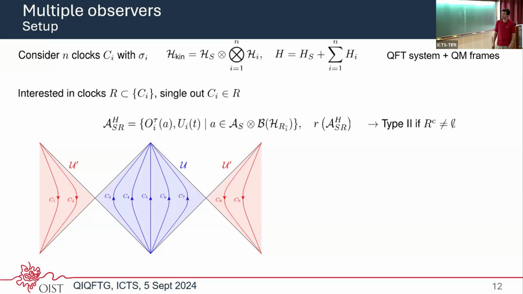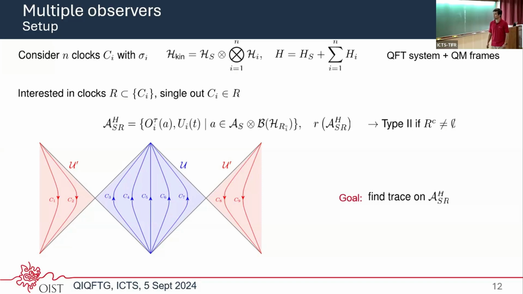So we can construct this gauge invariant algebra again, with our relational observables with respect to clock C_i, and then the clock reorientations of that clock. We can map it to the physical Hilbert space in this representation, and we will know that this is a type II algebra as long as there's at least 1 clock in the complement. It's for the same reason why we had to add a second clock for the de Sitter case.